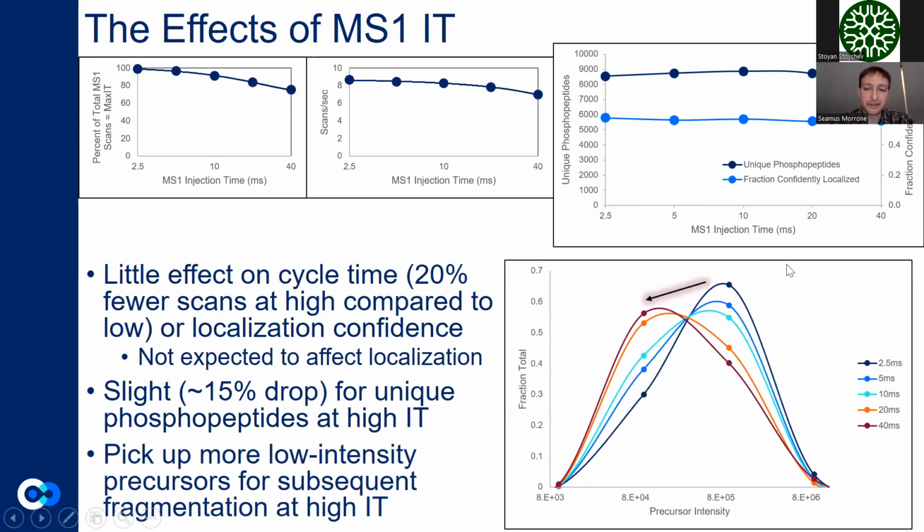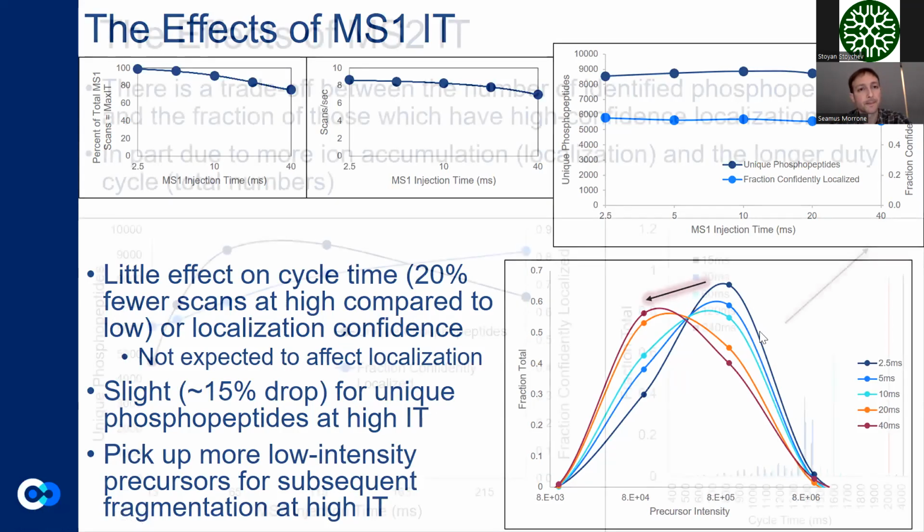But what we do see is a shift in the population of intensities from high precursor intensity at the low injection time to a lower distribution at the higher injection time. As we increase the injection time, we start to pick up more low intensity, less abundant precursors that can be chosen for subsequent fragmentation.